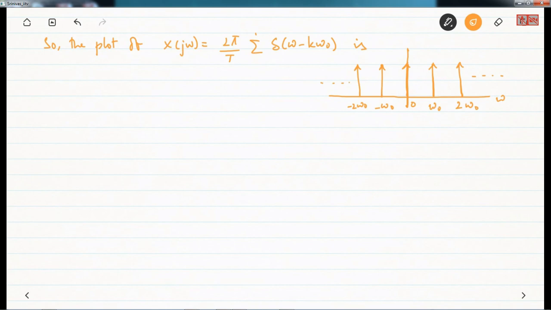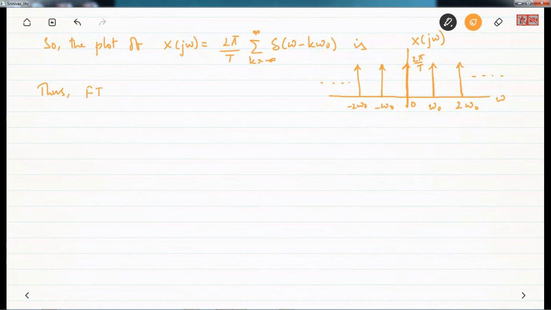And what should be the strength, the area, of each impulse here? We are trying to plot this signal, so it will be 2 pi by T. So this is your X of j omega.